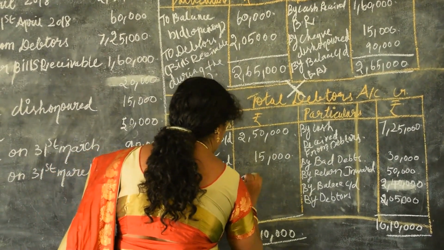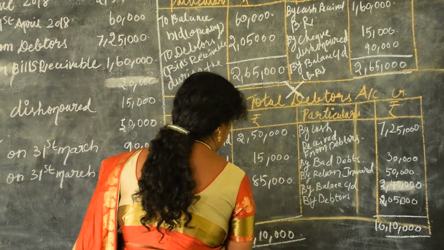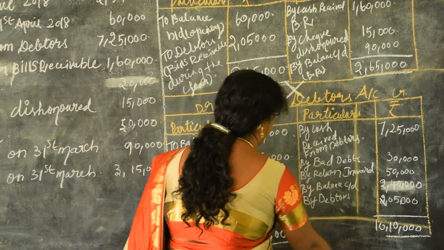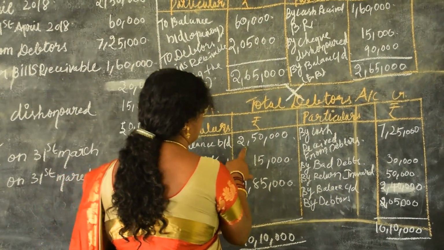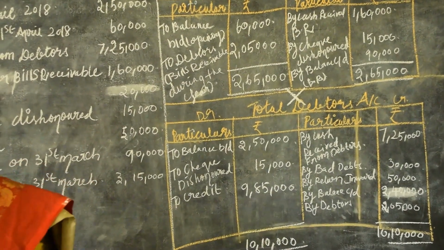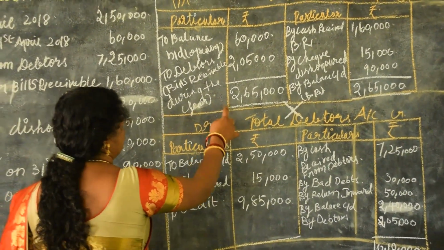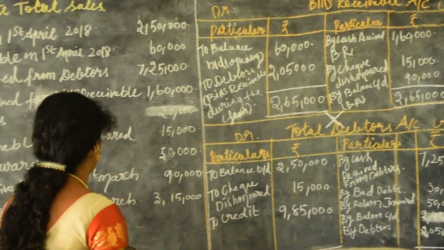The credit sales is 9,85,000. When you subtract the 2,65,000 from 10,10,000, that gives 9,85,000. Yes, we have found out bills receivable and total debtors.